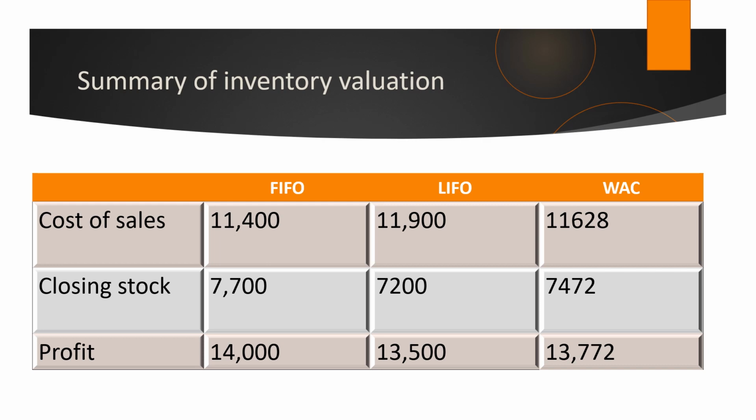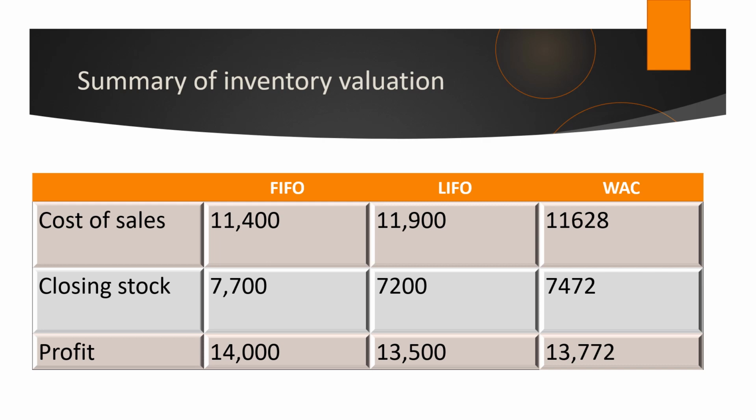So what will happen to the profit? In the profit, since with the lowest cost of sales and highest closing stock, we are recording the highest profit under FIFO method and the lowest profit under LIFO method.